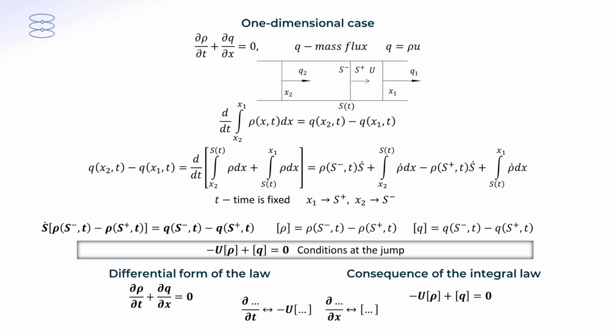This equation is very simple. We can divide the distance between x1 and x2 into 2 parts. The first part is from x2 to the position of the shock wave, and the second part is the distance between the shock wave and x1.